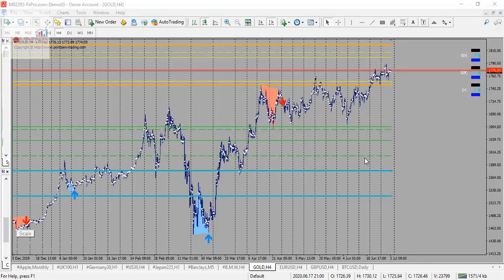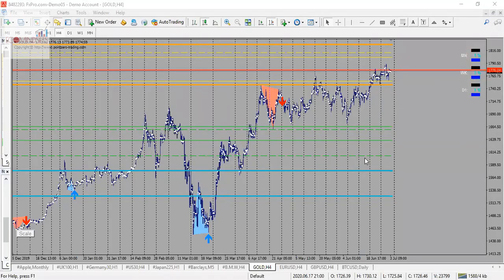Okay, let's take for instance the monthly chart, where you get your resistance and support. And then when you come down to the weekly, if it doesn't tally.